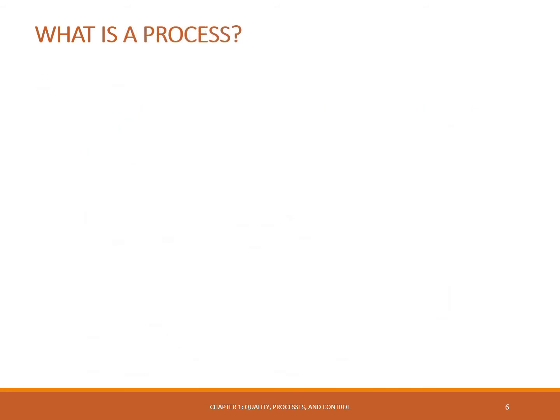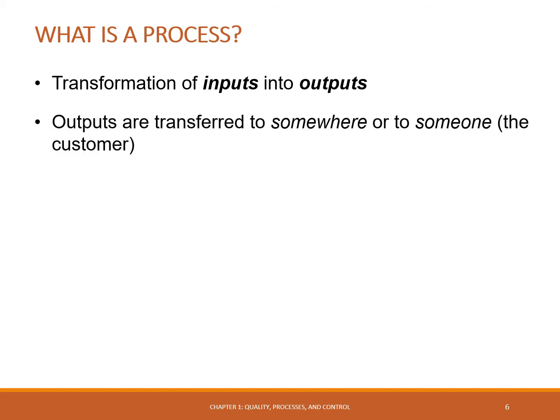In order to determine the actions necessary to improve quality, we need first to understand what a process is. A process is the transformation of a set of inputs, which can include materials, actions, methods, and operations, into desired outputs in the form of products, information, services, etc. The output from a process is what is transferred to somewhere or to someone, in this case the customer.